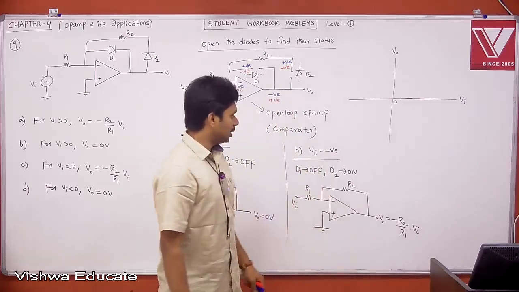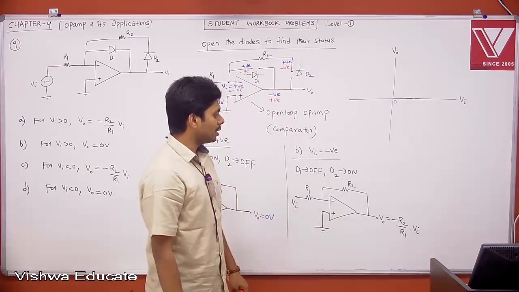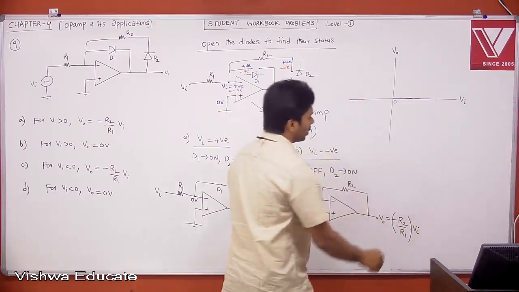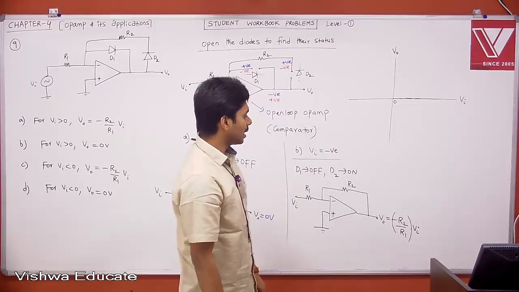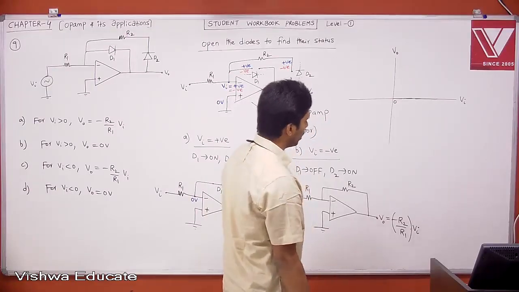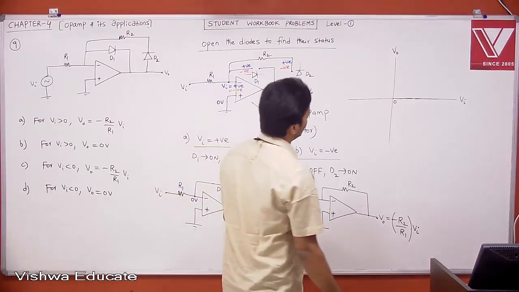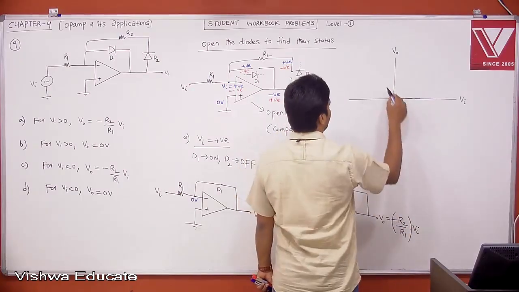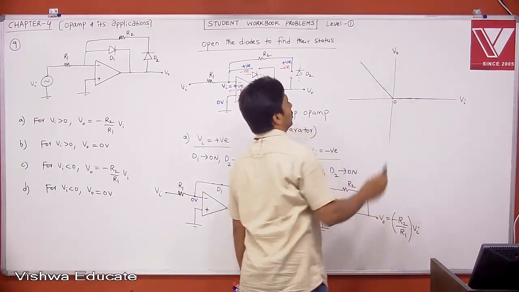When Vi is negative, your output is minus R2 by R1 into Vi. I can say this minus R2 by R1 is a slope, like y equals mx. When Vi is negative, your V0 will be positive. But as Vi is increasing, you will get a negative slope.